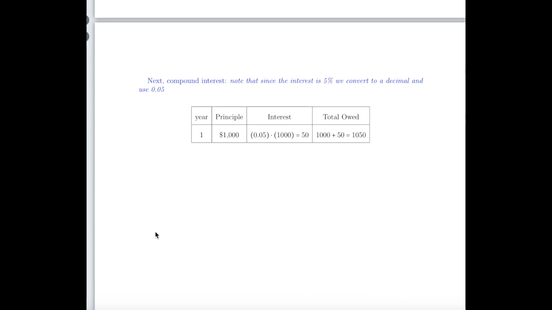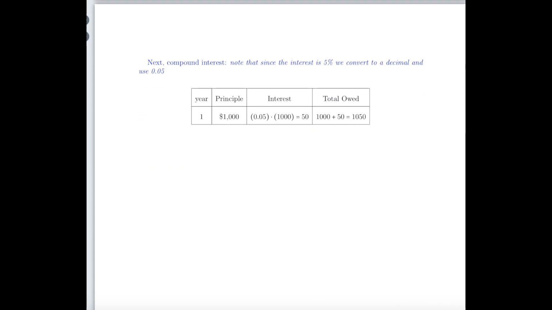So, here it is. So year 1, $1,000, interest is 5%, which gets us 0.05 times 1,000, which is $50. So our total owed is 1,000 plus 50, which is $1,050.